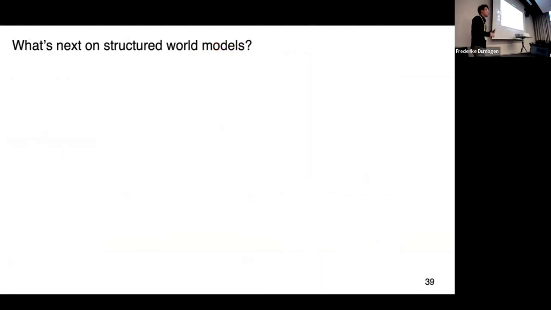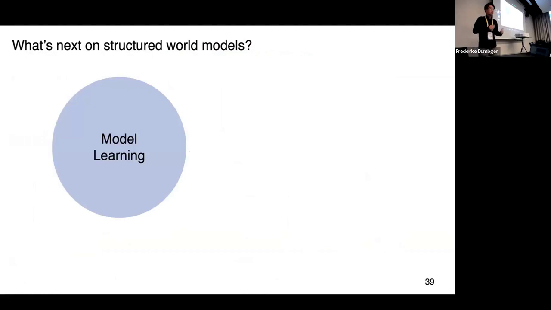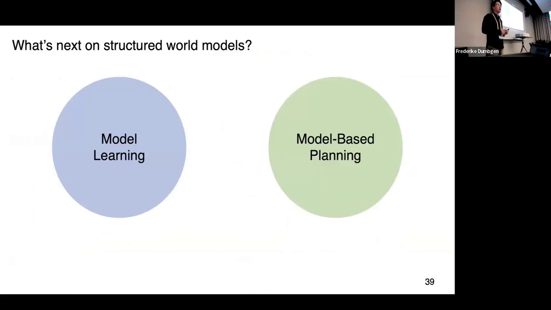So what's next? What I have shown are works we have already done last year. We have been pushing this to show the capabilities of GNNs for a wide range of real-world manipulation tasks. And going from here, there are two major things that our lab has been trying to push forward.